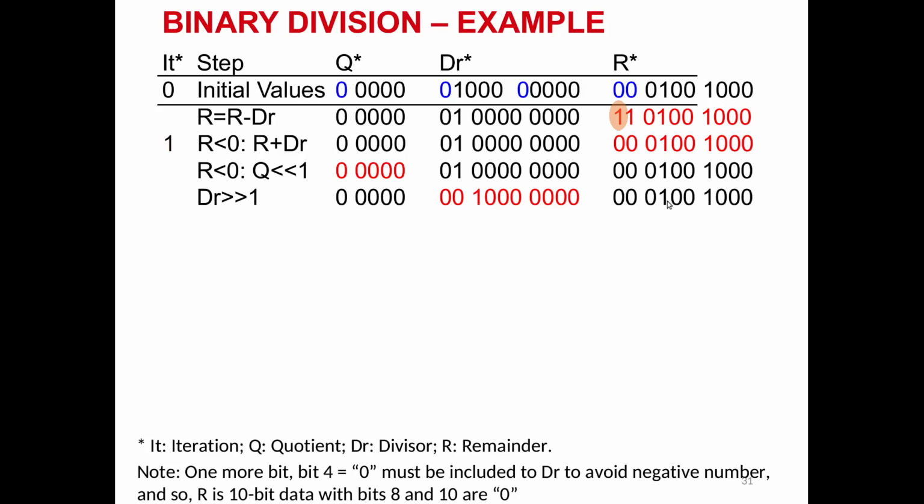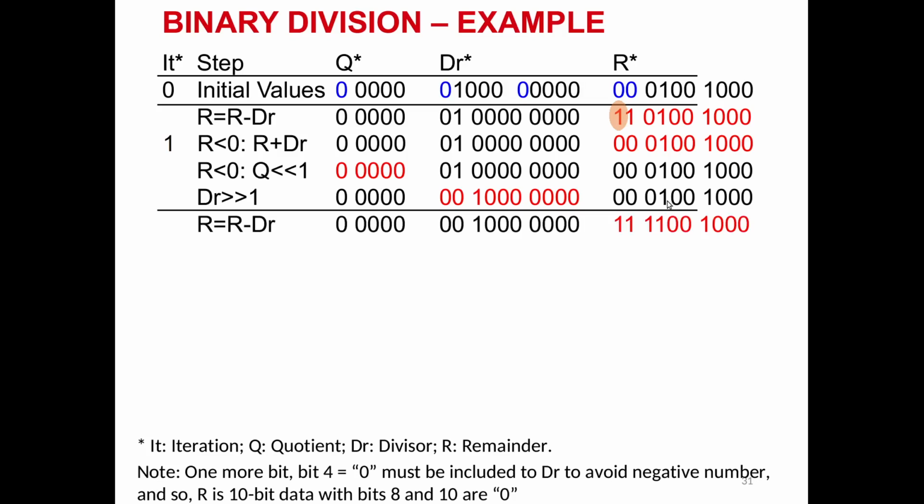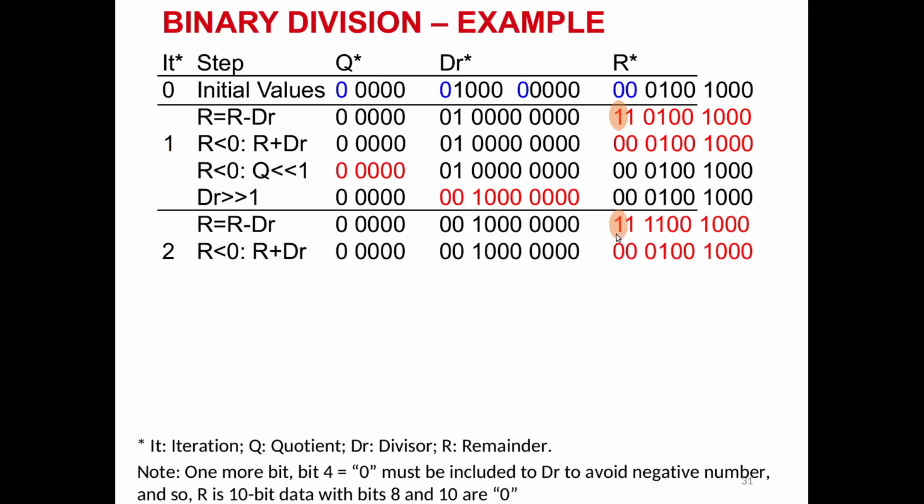And then we move to the second step, which is initiated by taking this value of r and minus this value of dr. You can see that if we take the minus of this, we will have 1 1 1 1 0 0 1 0 0 0, and this most significant bit here, which is equal to 1, implies that r is smaller than dr, or the result is a negative value.